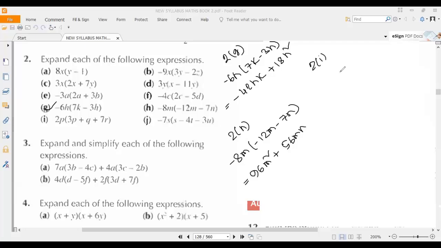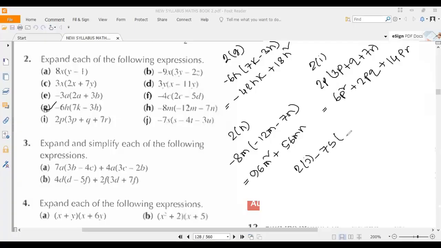2i. 2i says 2p into 3p plus q plus 7r. So 2 3s are 6p square plus 2p into q, 2pq plus 2p into 7r, 2 7s are 14pr. Now 2j.